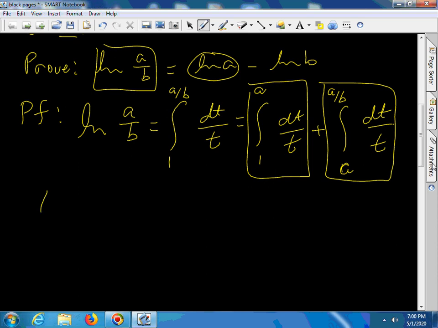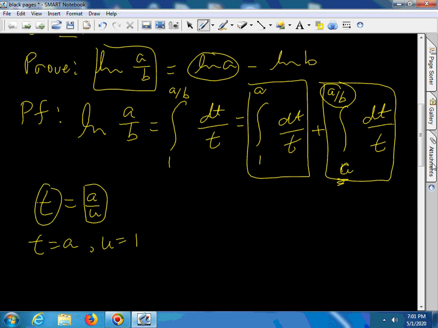So I'll let t equal a over u. When t is the lower limit a, then u must be 1, after all, a divided by 1 is a. And if t is a over b, then u must be b, because a divided by b is a over b.